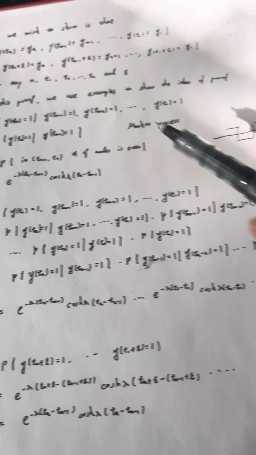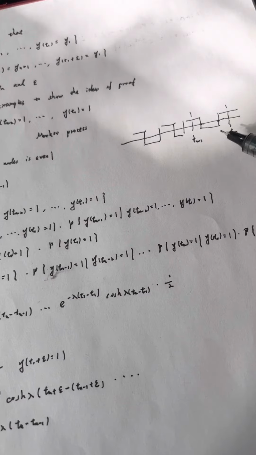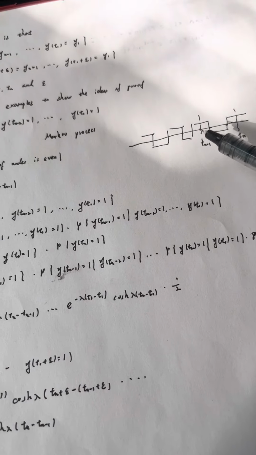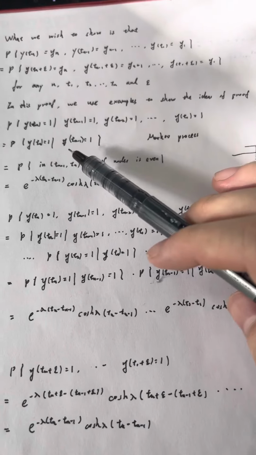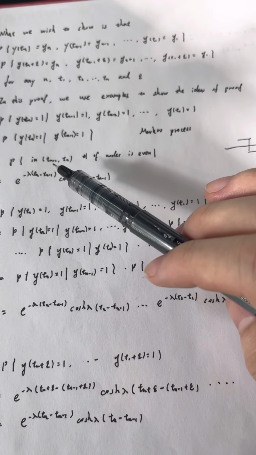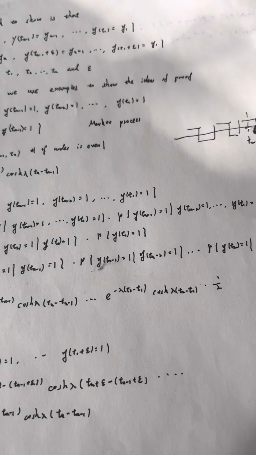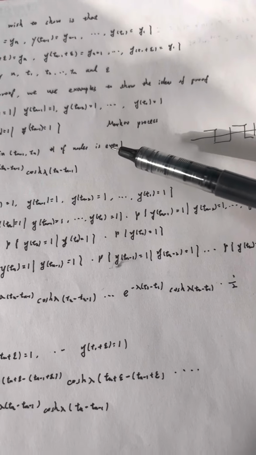And we can see this in the telegraph signal figure. This conditional probability is actually equal to the probability that the number of zero crossings between t_{n-1} and t_n is even.